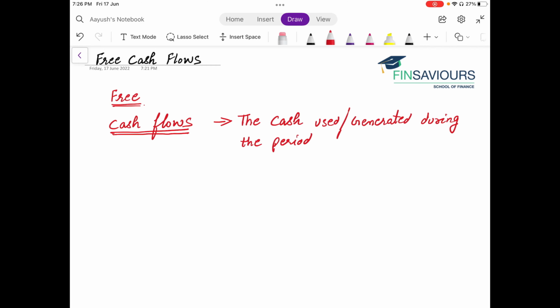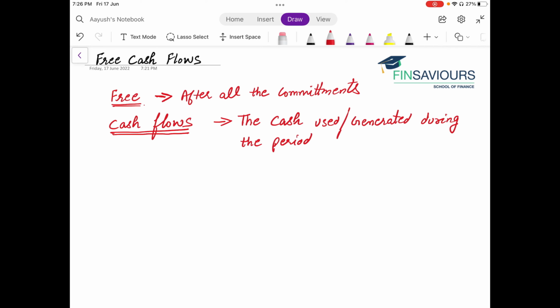Now, how will you use or generate the cash? Of course, by operating, as a result of your operations. And why the term free over here? Free means simply after all the commitments. So how can I define free cash flows? If you're a student and a question is asked in an interview as to what is a free cash flow, they don't expect you to keep answering through the formula.